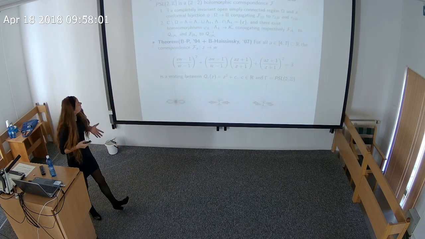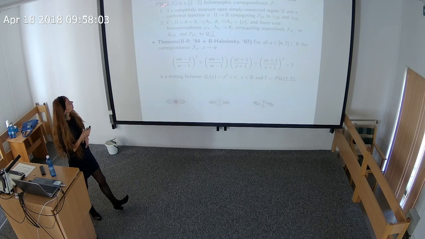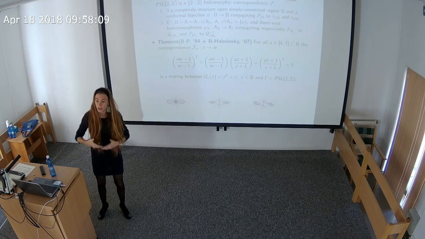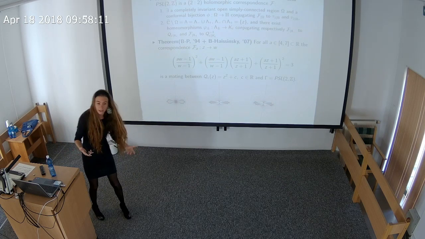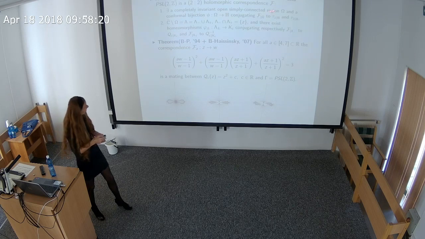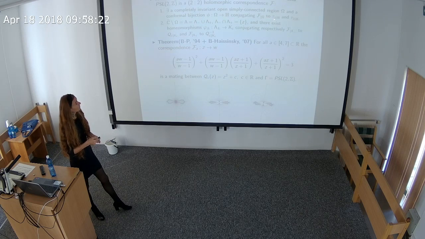And they defined a mating between a quadratic polynomial and the modular group to be what you expect: a 2-2 correspondence that on some completely invariant open simply connected region is conjugated to the action of the modular group.